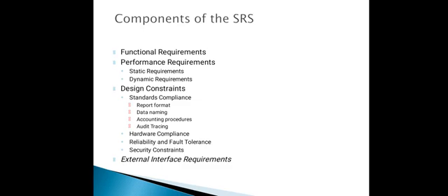Next is hardware compliance. A software has to operate on some predetermined existing hardware. Next is reliability and fault tolerance. Fault tolerance requirements can place a major constraint on how the system is to be designed.